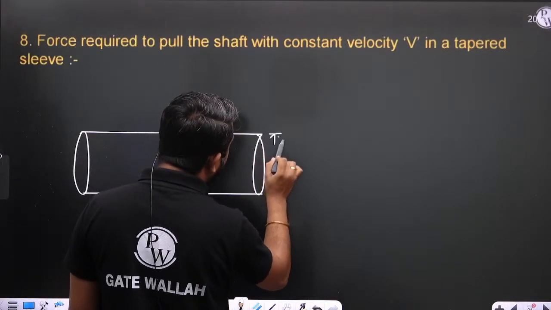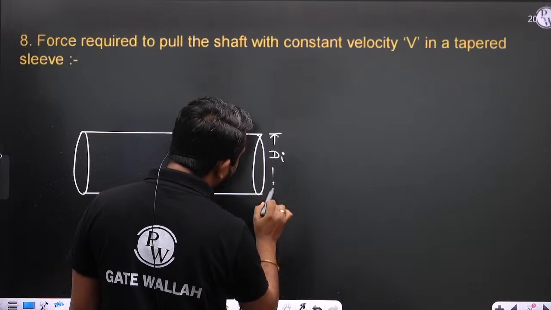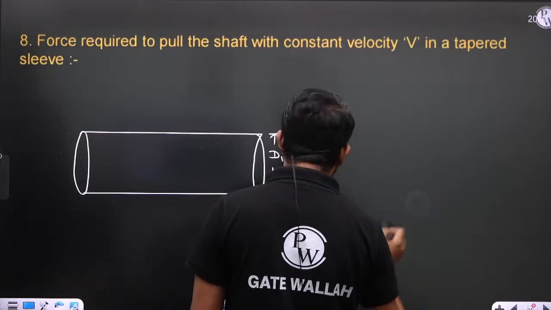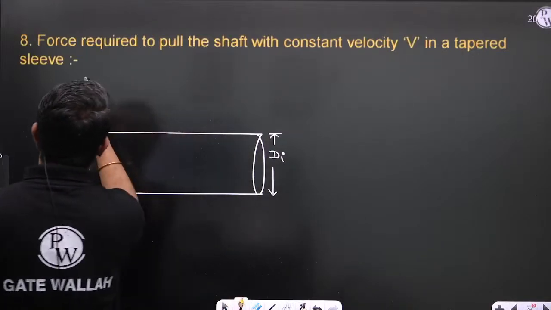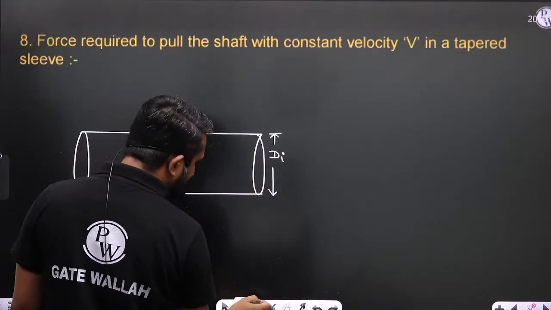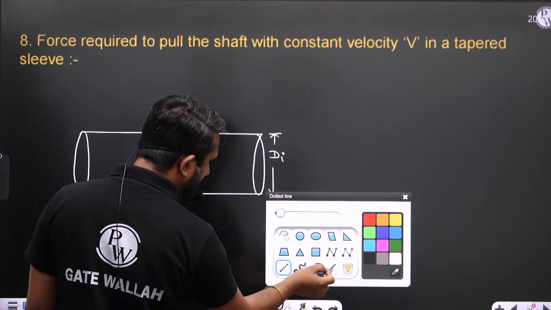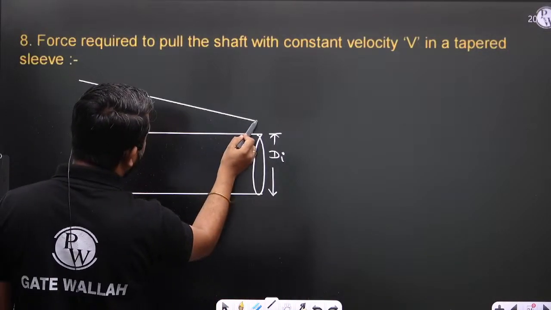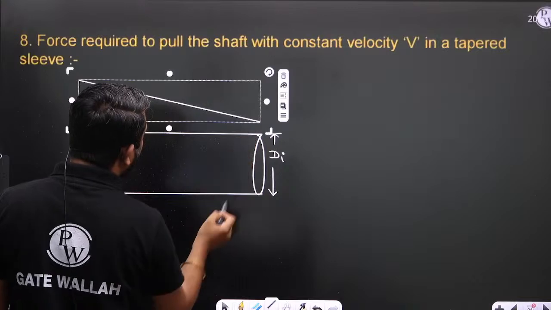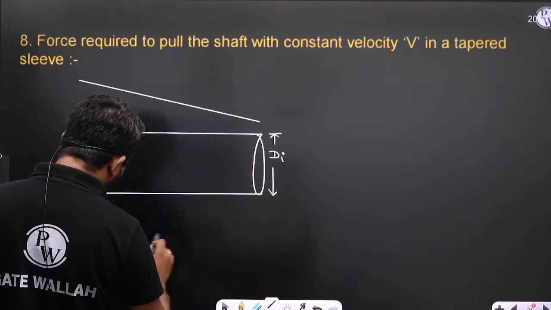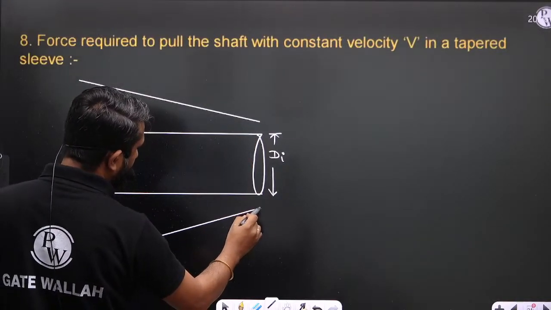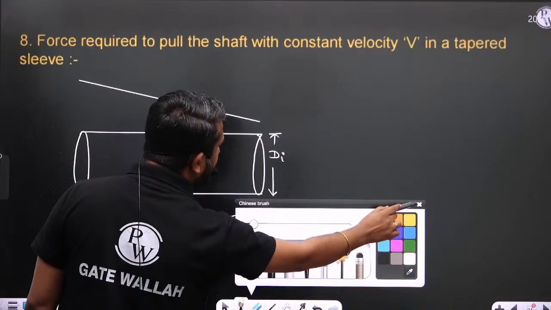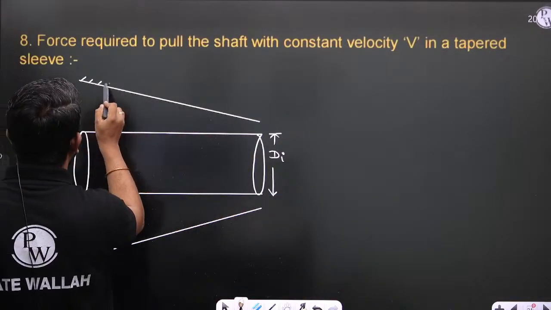This shaft having diameter, this is di, and there is a tapered sleeve like this. This is the sleeve.